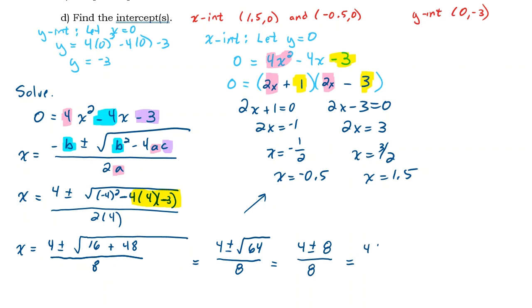So now I'm going to split this up into 4 plus 8 over 8 and 4 minus 8 over 8. So that gives me 12 over 8, which is 1.5. And this one comes out to be -4 over 8, which is -1/2 or -0.5. All right, lots of good stuff there. I hope that helps with graphing parabolas.